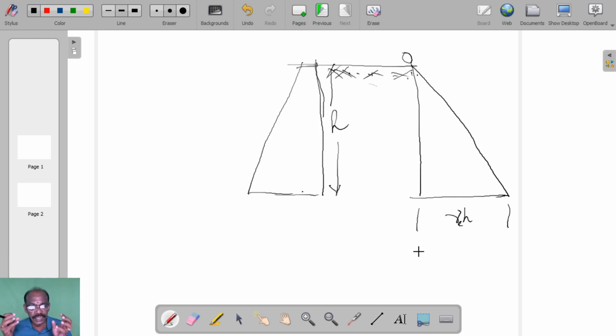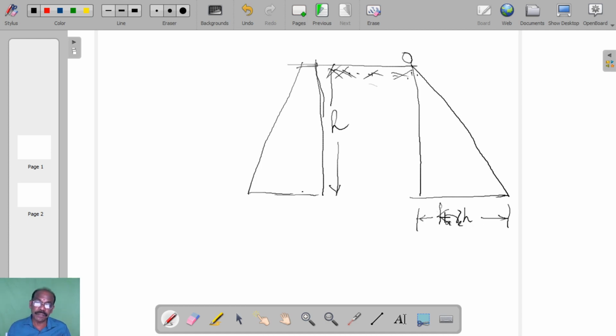But here internal friction is there. Therefore, some part of the pressure will be lost. Therefore, to find the maximum pressure at a particular height, we multiply gamma of earth into height by a coefficient of active earth pressure.